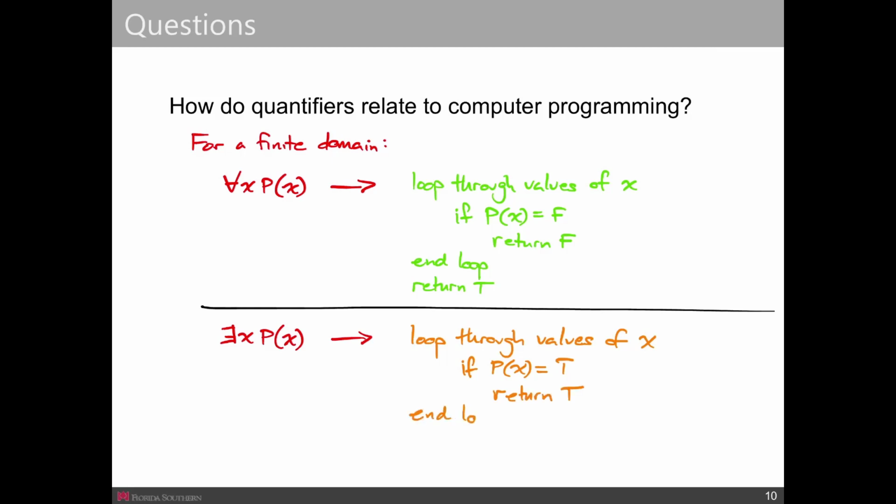If we make it to the end of the loop and we haven't returned yet, then that tells us that there were no possible values in our domain that made p true, so we return false. So anyone who's written code involving loops and selection statements in computer science has done discrete math.